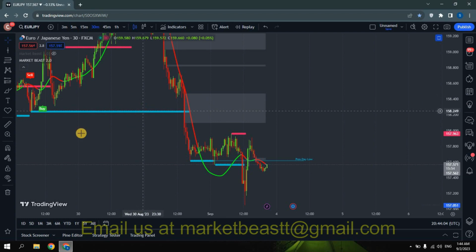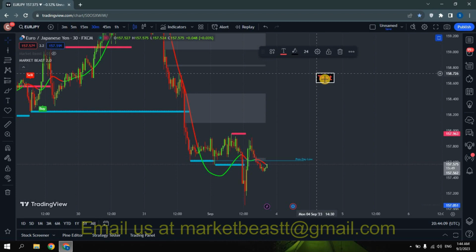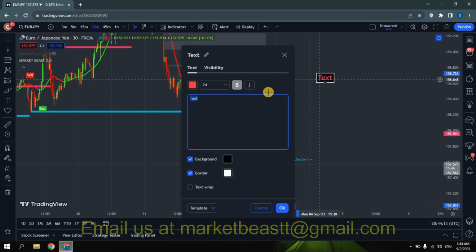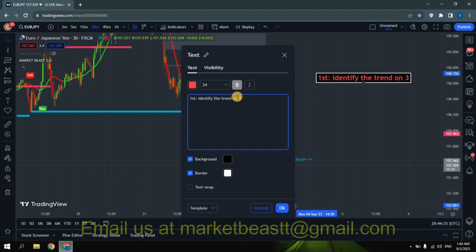So now our first step is, let me write it down here. Our first step should be: identify the trend on the 30-minute time frame chart.